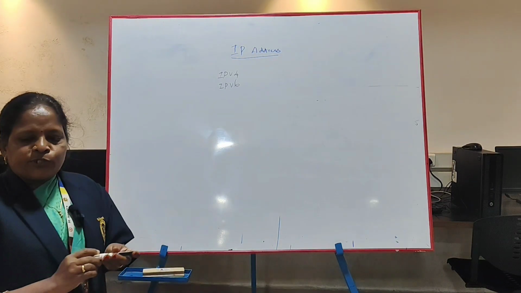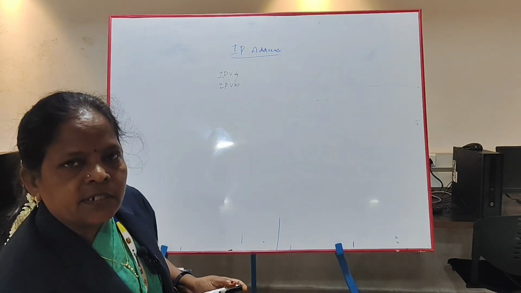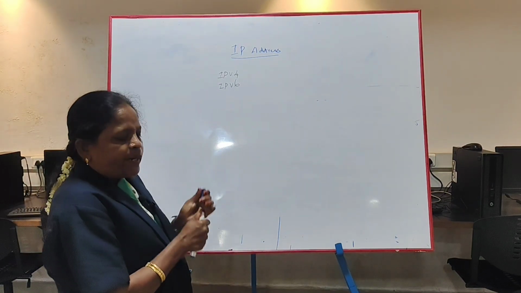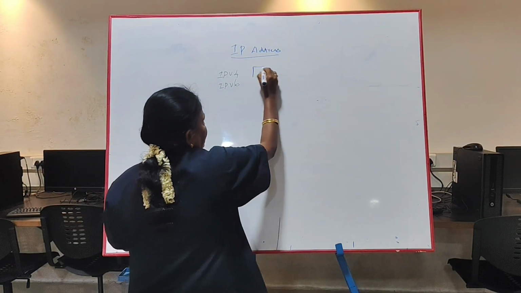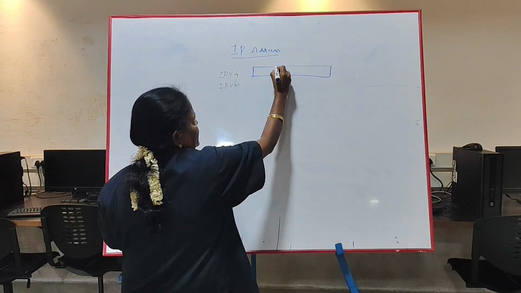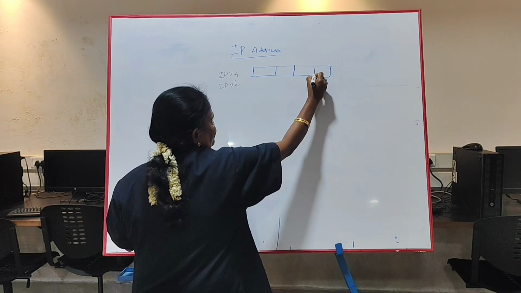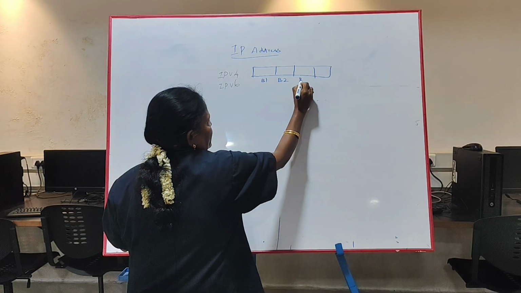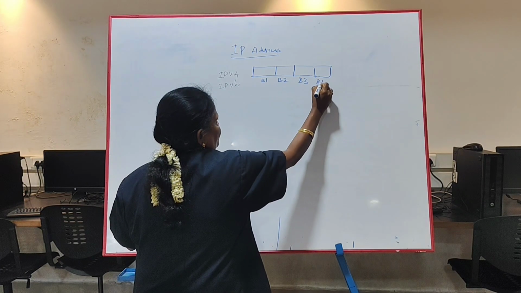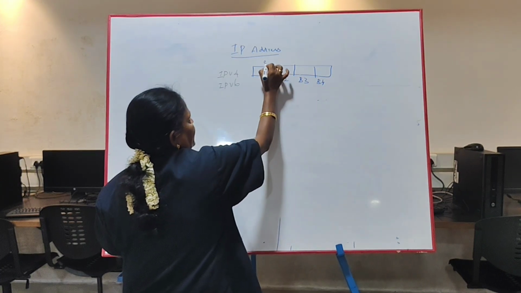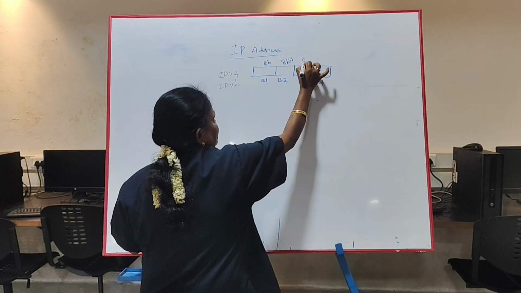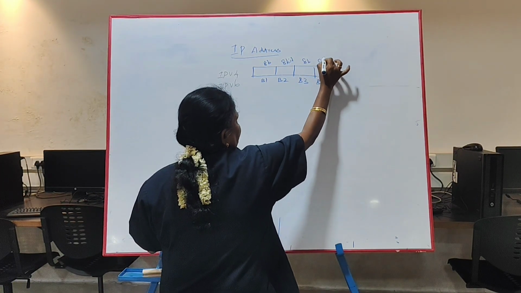IP version 4 has a 32-bit address, right? So here there are 4 bytes. The entire IP can be considered as 4 bytes: byte 1, byte 2, byte 3, byte 4. Each byte has 8-bit data.